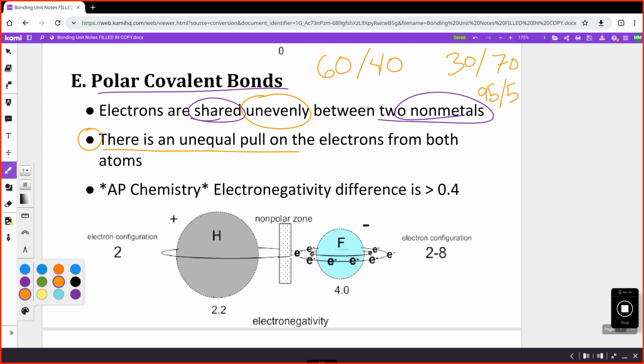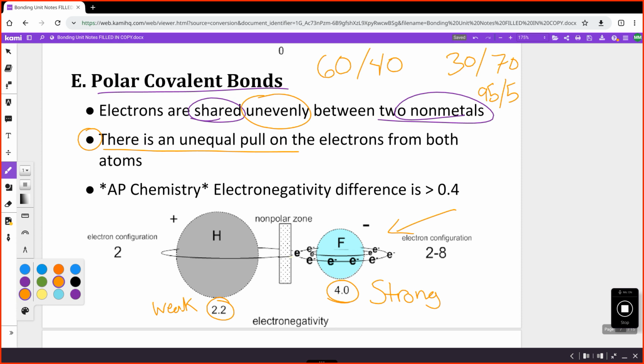So we're looking at an example down here. Fluorine has a 4.0 electronegativity. Hydrogen has a 2.2. In comparing F to H, F is very strong. H is very weak. And so the electrons, they sense that.